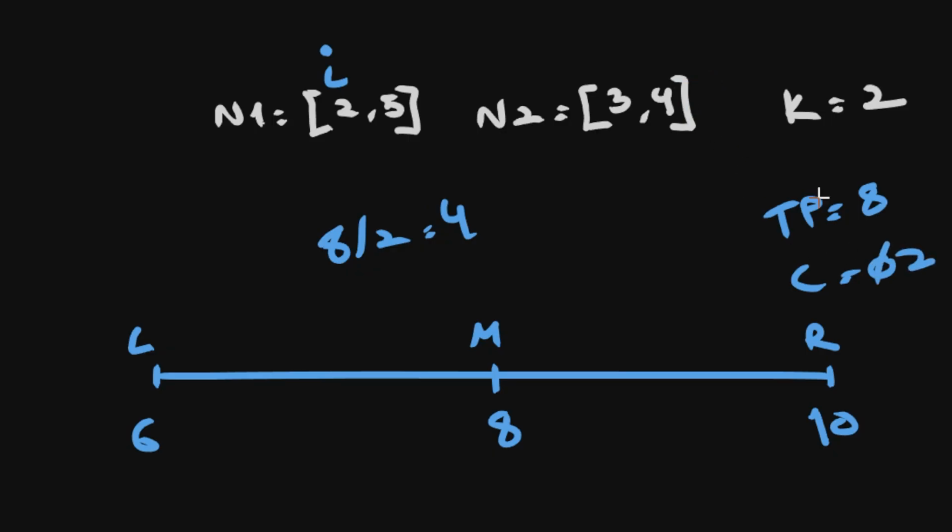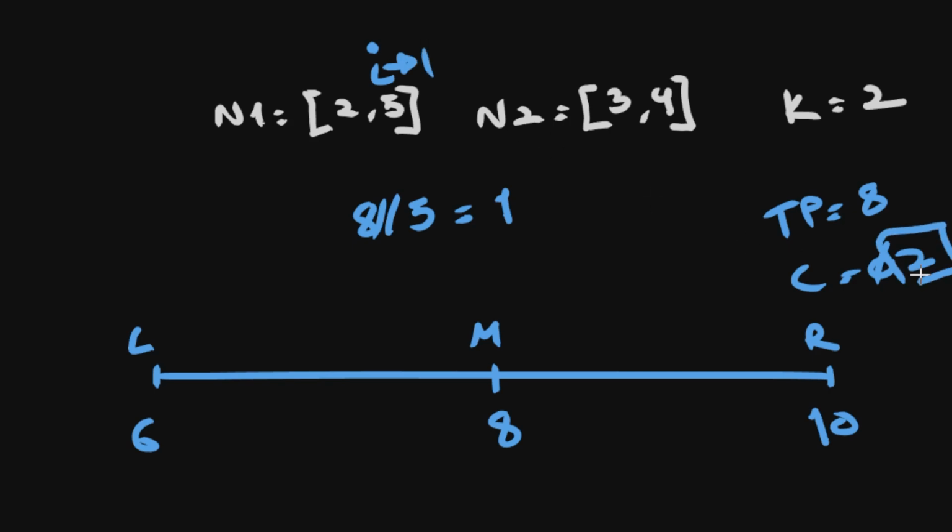So we add 2 to the count, we update I. Now we're here, and we are looking for 8 divided by 5, meaning 1. Remember, for now we are rounding down this. And if we run a binary search with 1 here, we get this, meaning we need to add 0 to the count. Next we update I, we reach the end, and we get this.